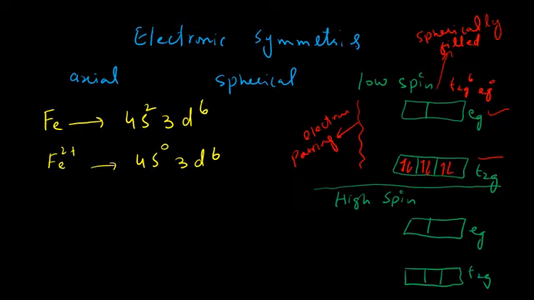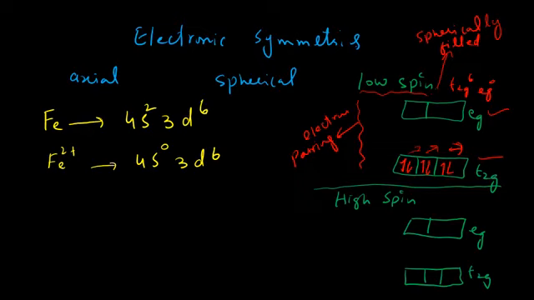The electrons come in pairs in the T2G energy level, one with spin up, the other with spin down. All energy levels are filled by the electron pair with spin up and spin down. So this is the case of low spin, and they are spherically filled.